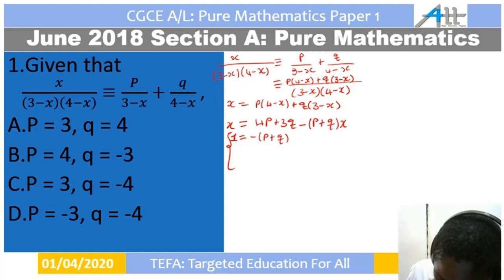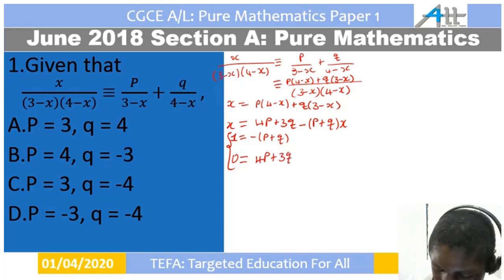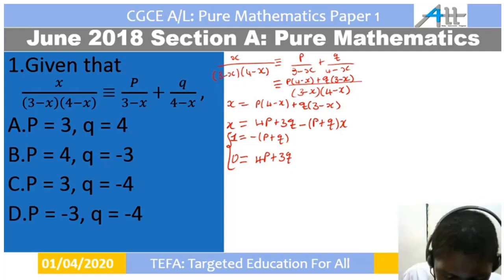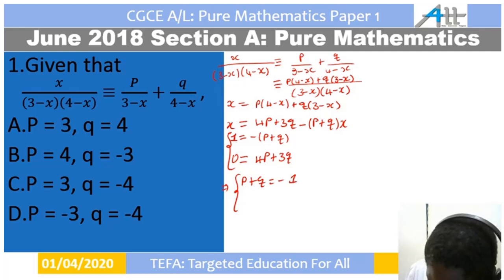The constant term on the left hand side, 0, has to be equal to the constant term on the right hand side, 4p plus 3q. So those are two equations in two unknowns. We solve simultaneously for values of p and q. This implies p plus q is negative 1 and 4p plus 3q is 0.